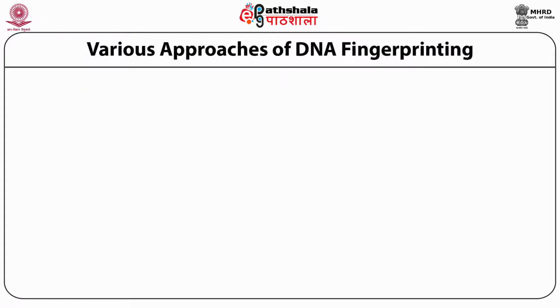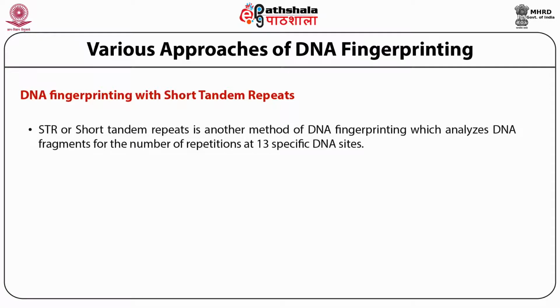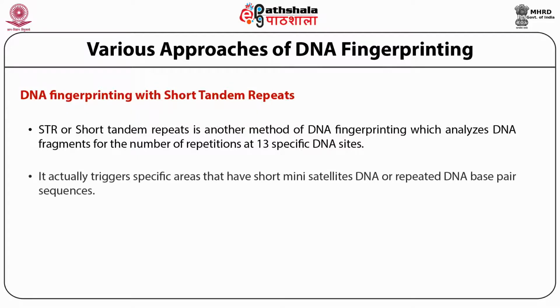The next approach of DNA fingerprinting is with STR, that is, short tandem repeats. STR is another method of DNA fingerprinting which analyzes DNA fragments for the number of repetitions at 13 specific DNA sites. It actually targets specific areas that have short mini-satellites, or repeated DNA base pair sequences.